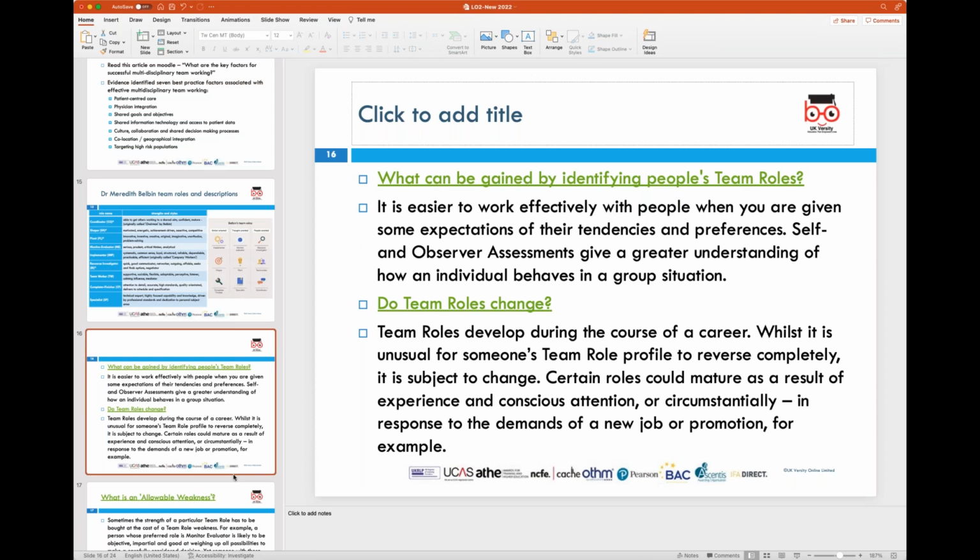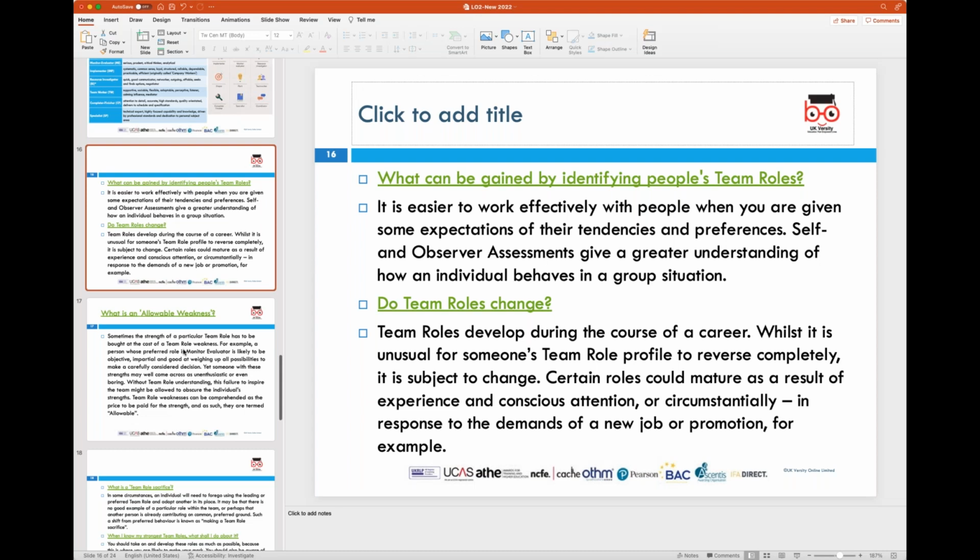A simple example of that could be, as you gain experience while working within the organization, you move up your career ladder. That means you get promoted, you get higher responsibility, and that is where we get to see the roles changing.